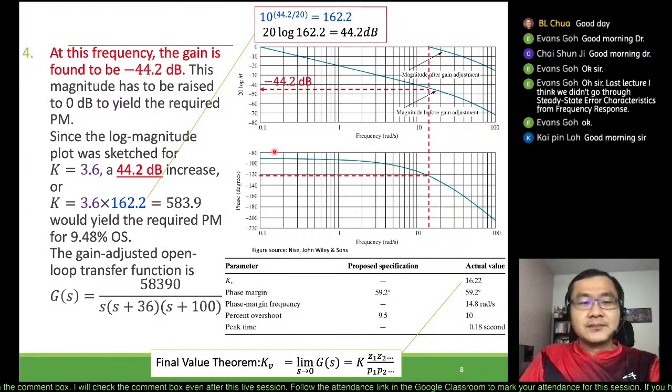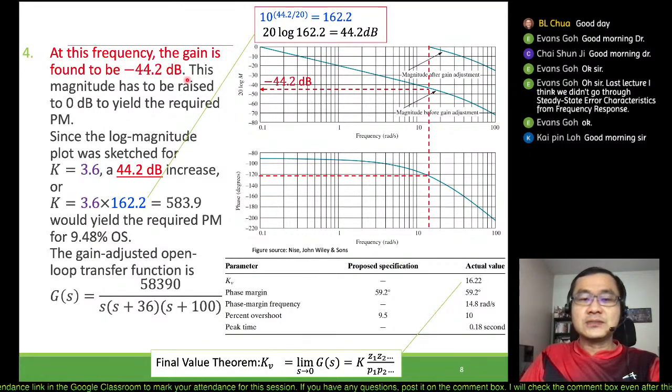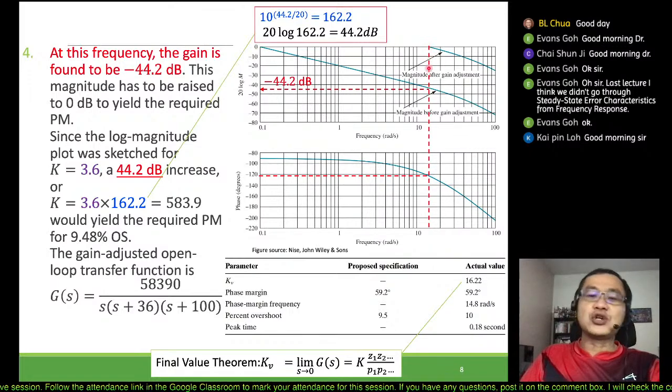So at this frequency you get minus 44.2 dB, and this means the magnitude has to be raised to 0 to yield the required phase margin. This is the gap, or the margin, that you have to raise due to the shifting of the phase margin itself.